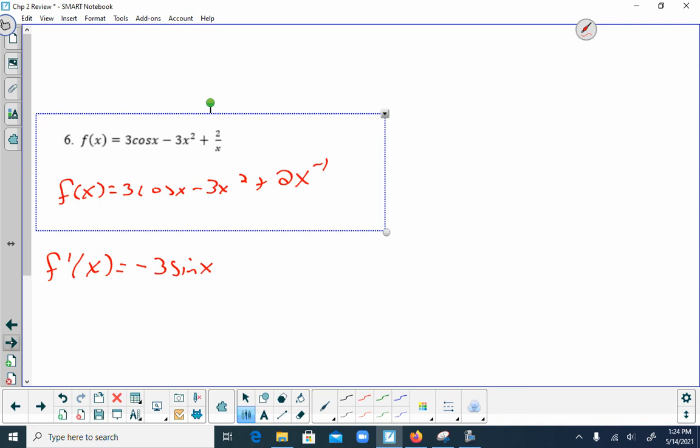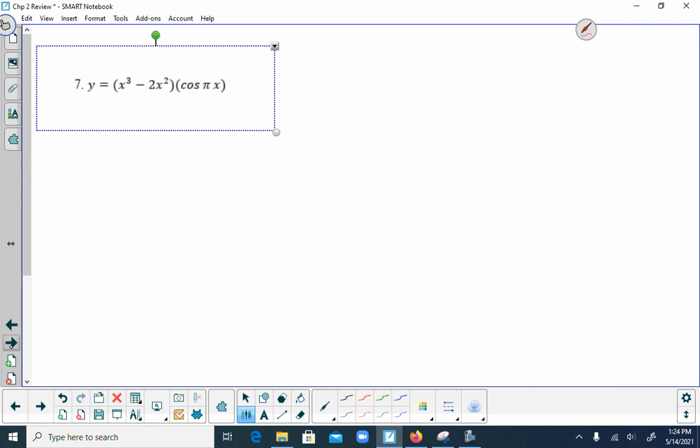Then the derivative of negative 3x squared will be negative 6x, and the derivative of 2x to the negative 1 will be minus negative 2x to the negative 2. The only thing I have to do to rewrite this is I am going to take care of that negative exponent, and I'm going to make this minus 2 over x squared. Remember that negative exponent only goes to the x. It does not go to the 2. The 2 stays in the numerator.